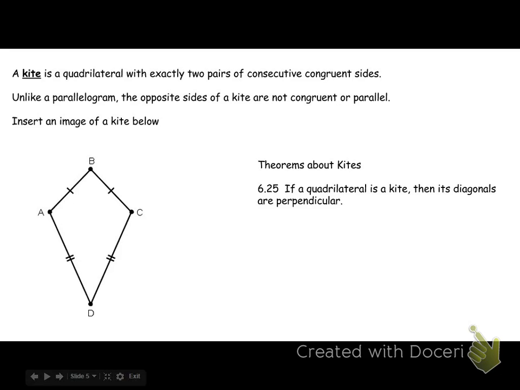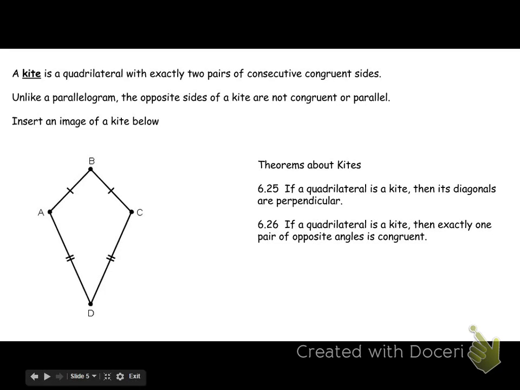Theorems about kites. Wait, but if we put a diagonal through A and C, wouldn't that make it reflexive and then make those equal?